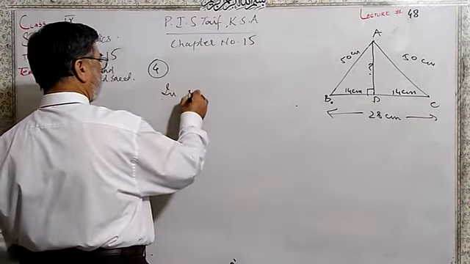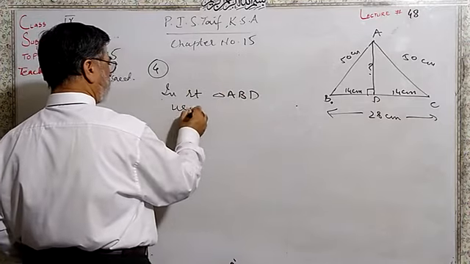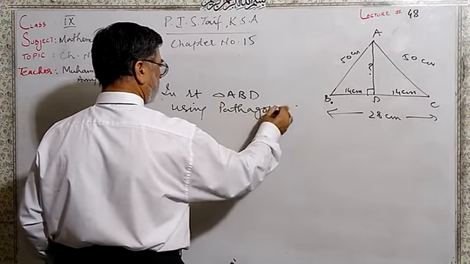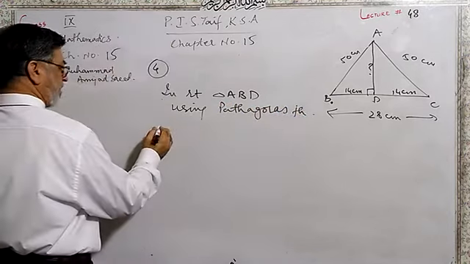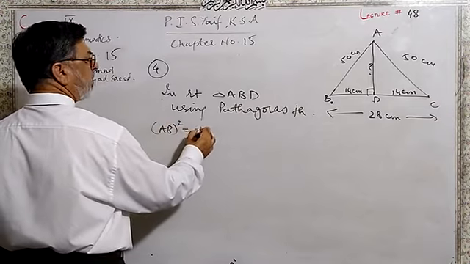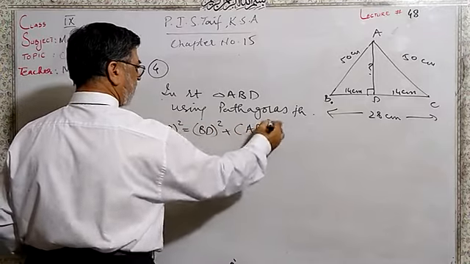And we have to find AD. So in right triangle ABD using Pythagoras theorem, AB square is equal to BD square plus AD square.